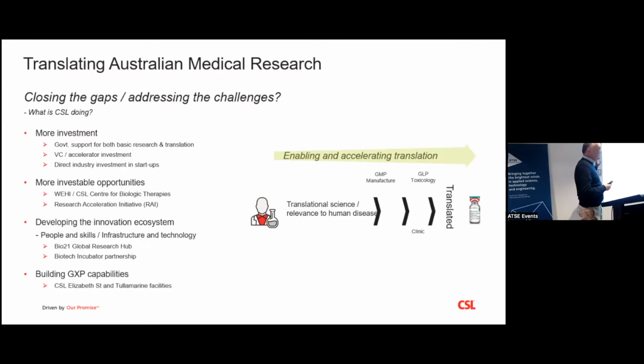So certainly more investment is critical. We're very strong supporters and advocates for more investment into early stage medical research. We love what MRFF is doing, but we're very disappointed with the way NHMRC has been travelling over the last decade or so. It just hasn't been growing at the rate that it should have been.